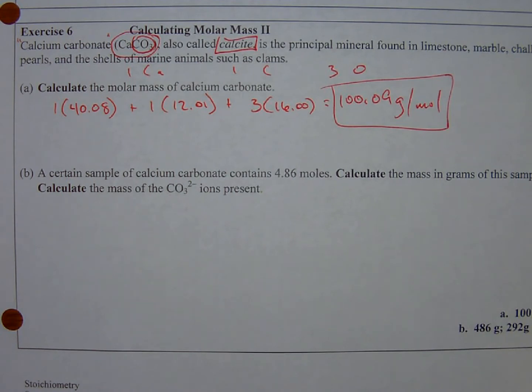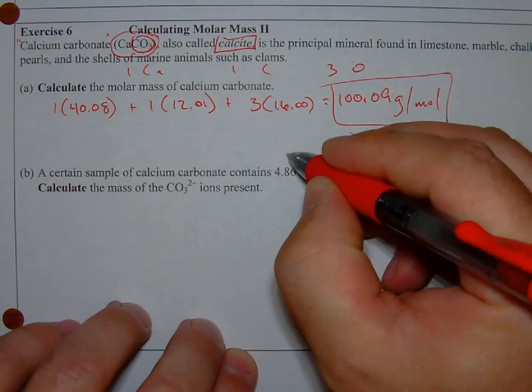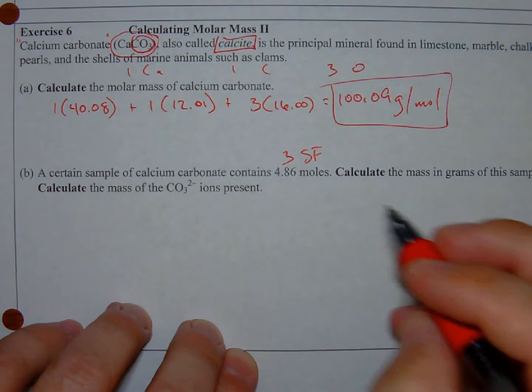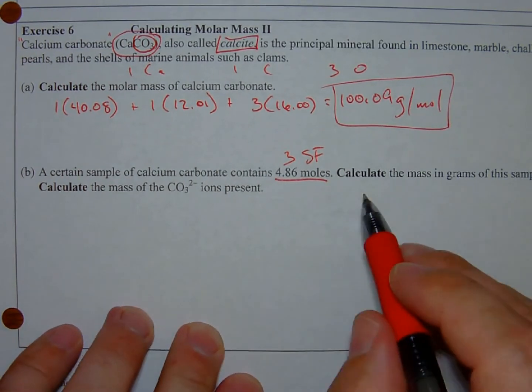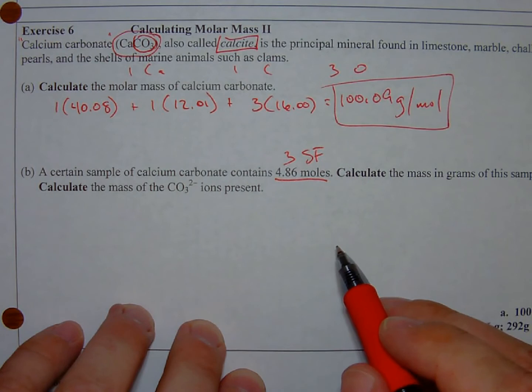You'll have to use the answer you calculate in A to calculate your answer for B. Then you have to use that answer from B to calculate your answer for C. Or you might have to combine the numbers you get in A and B to get your value for C. But the AP problems typically lead you towards what they want you to do in a kind of order. So a certain sample of calcium carbonate contains 4.86, that's 3 significant figures, by the way, moles. Calculate the mass in grams of this sample.